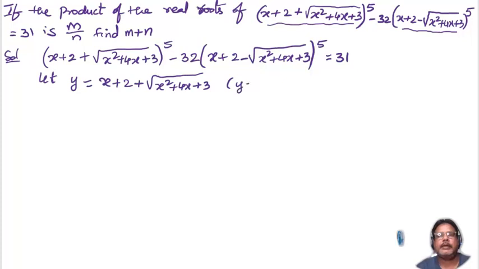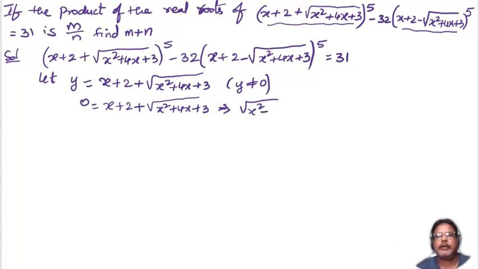Here y is not equal to 0. If y is equal to 0, what will happen? Then x + 2 + √(x² + 4x + 3) = 0, that implies √(x² + 4x + 3) = −(x + 2).